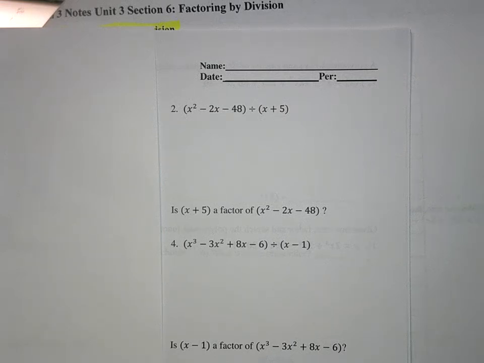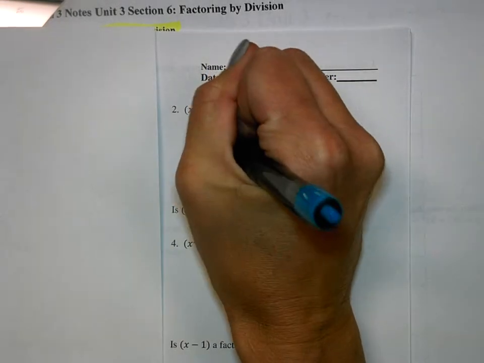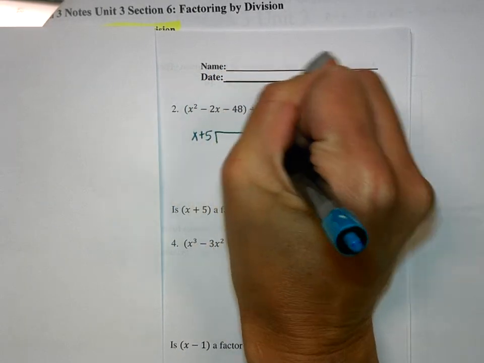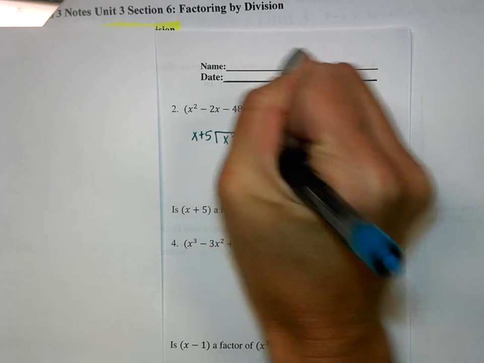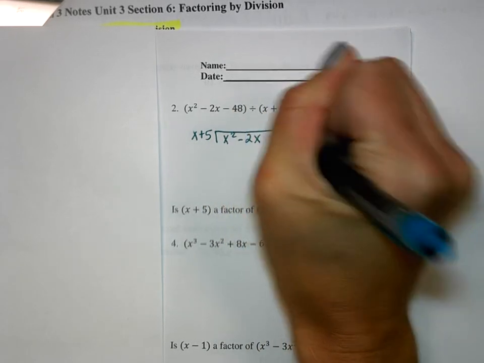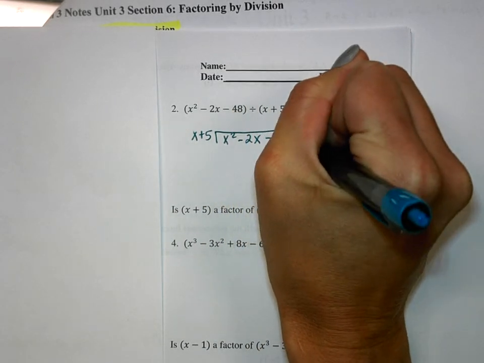So, to start here, we need to write our long division problem. Okay? So, we write that by x plus 5 divides into x squared minus 2x minus 48.